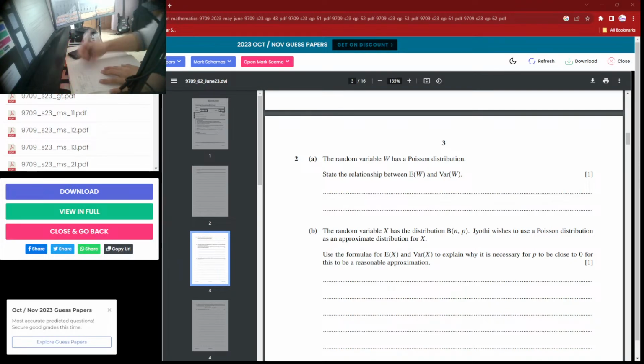Okay, so E(X) would just be np, and Var(X) will be equal to npq. So why does p have to be close to 0?